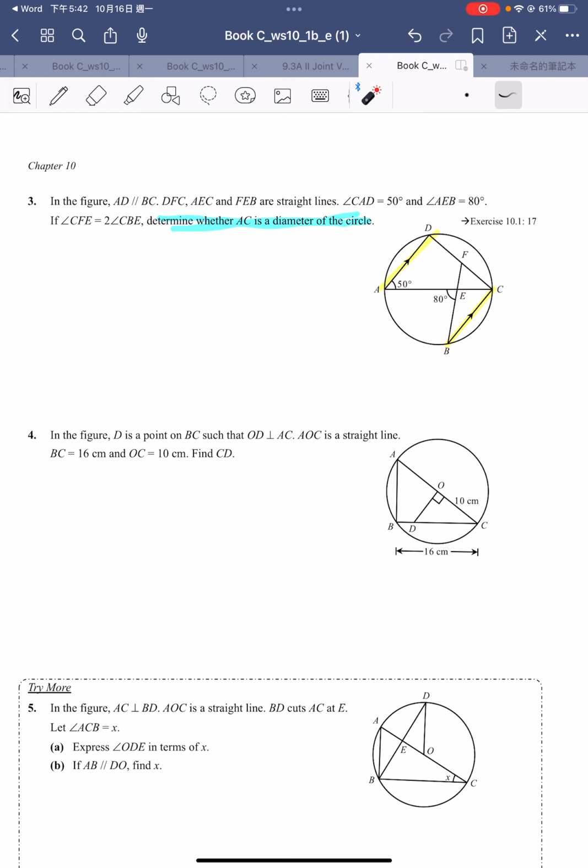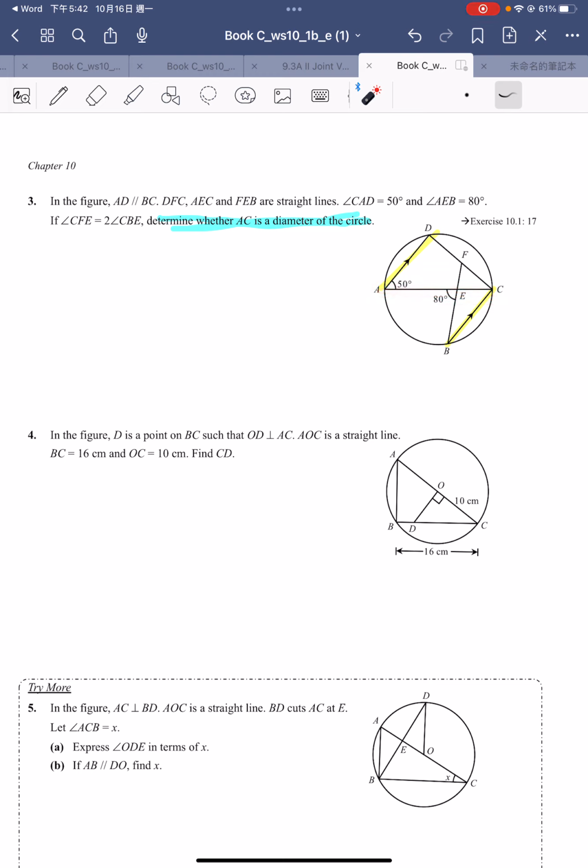So it seems like AC is really in the middle, but now we don't have any condition saying that this is the diameter, and you can see from the question you're asked to prove it. So which means that you can't use AC as a diameter to prove this angle ADC is 90 degrees. But in converse, you have to show that the ADC is 90 degrees, then you can prove that AC is the diameter.